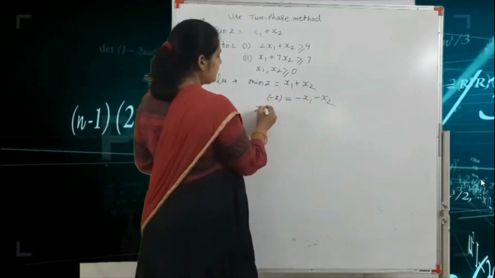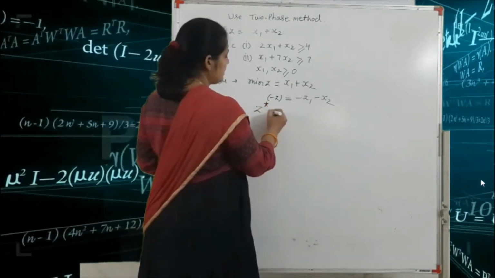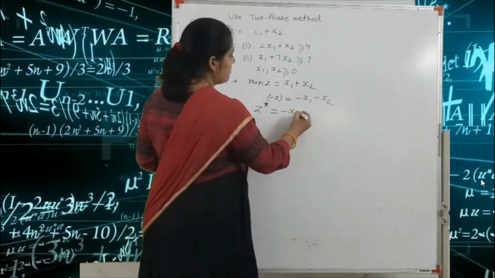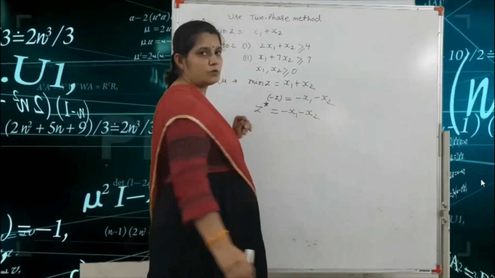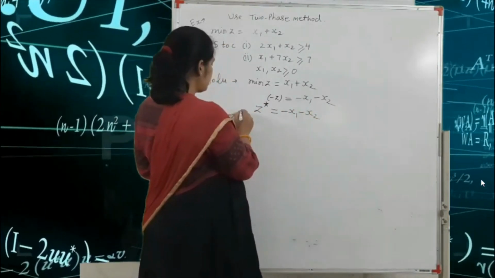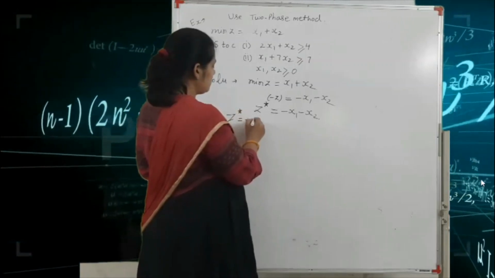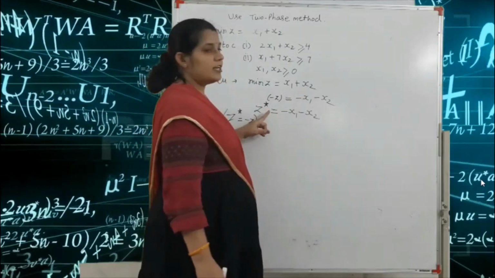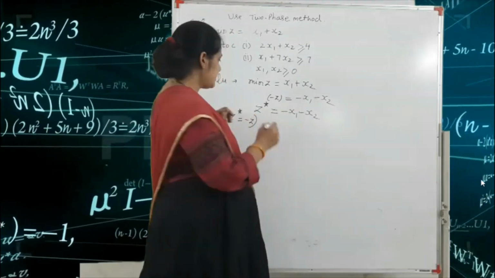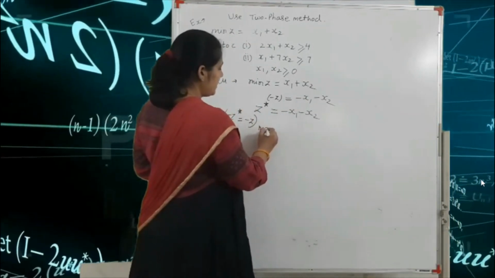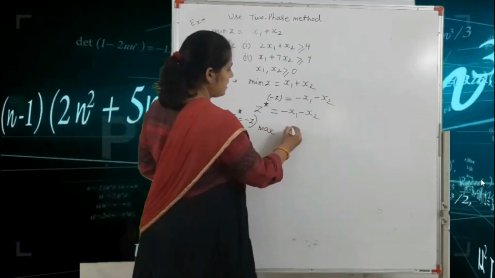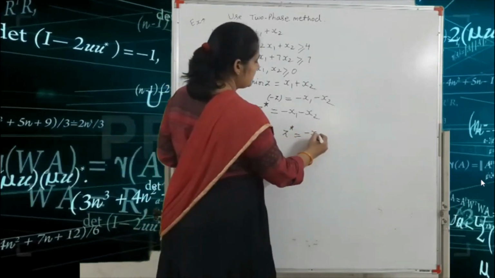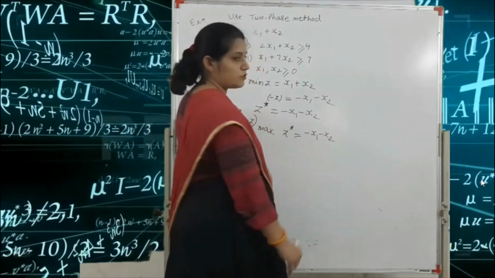Here we consider minus z as z star, so z star equals minus x1 minus x2, that means z star is equal to minus z. This is our question converted into the maximization format: maximize z star equal to minus x1 minus x2.